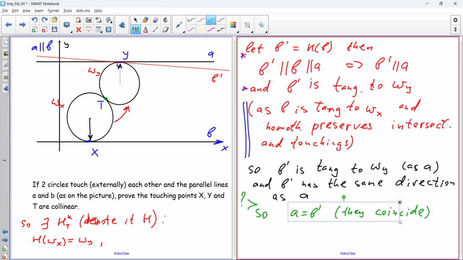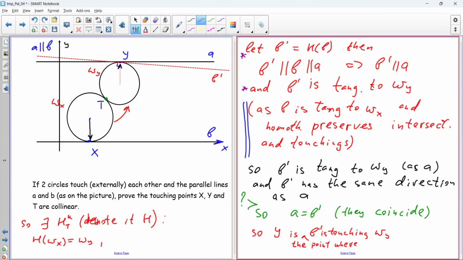And now we can deduce from here. So Y is B prime touching the point where B1 is touching omega Y, right?